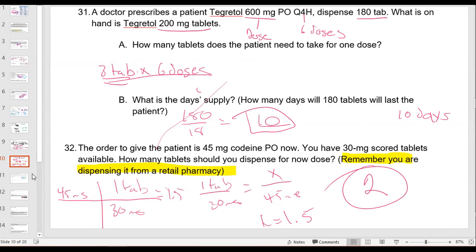We've been dealing mostly with solids, tablets and capsules, which are about the same, except ointments, which measure a different way depending on the ointment itself. Tablets, suppositories, capsules, and all the different forms of tablets you calculate the same way. Liquids are a little different because you have to find what we call concentration.